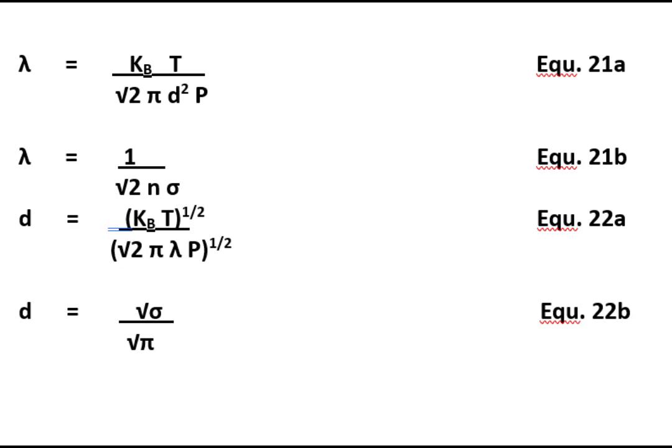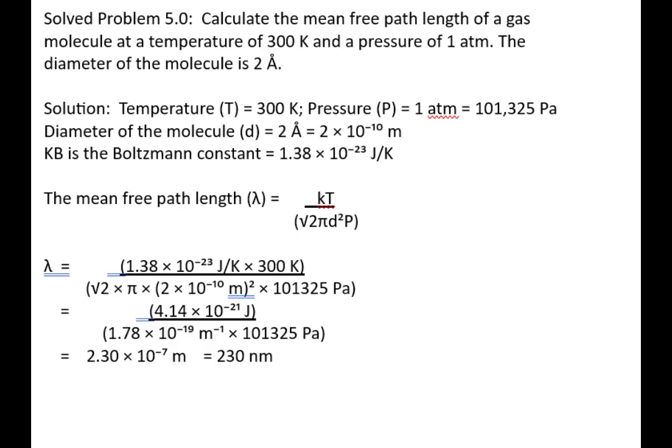Solve problem 5.0. Calculate the mean free path length of a gas molecule at a temperature of 300 K and a pressure of 1 atm. The diameter of the molecule is 2 Å. The solution shows that equation 21a is used and the physical parameters are converted to SI units to be consistent with the unit of Boltzmann's constant.